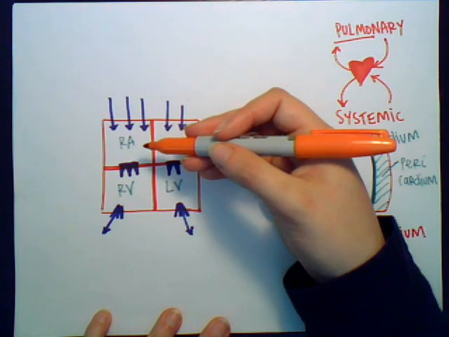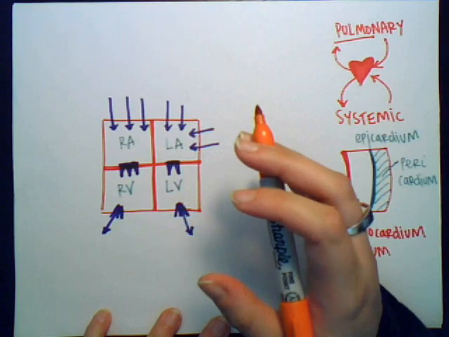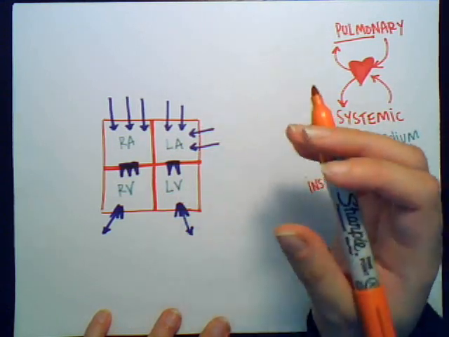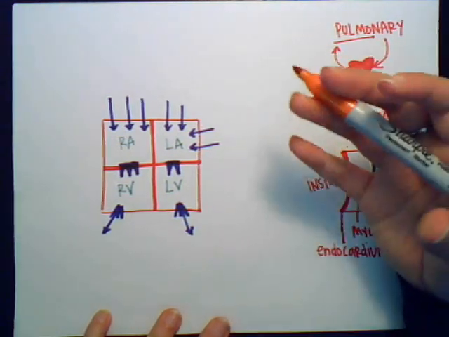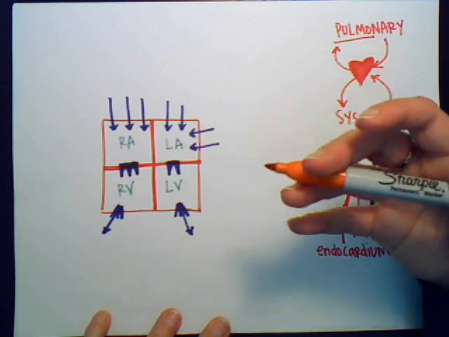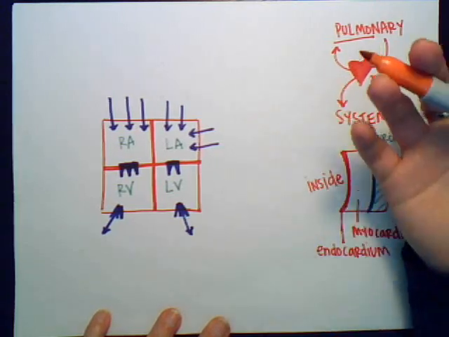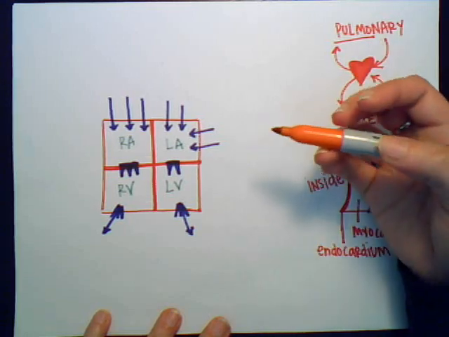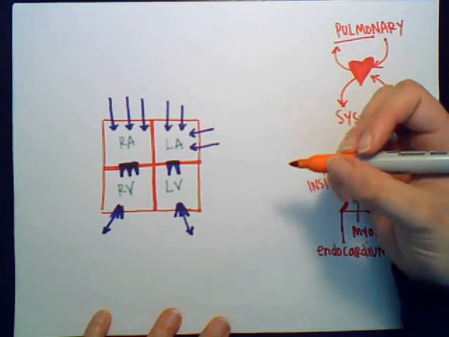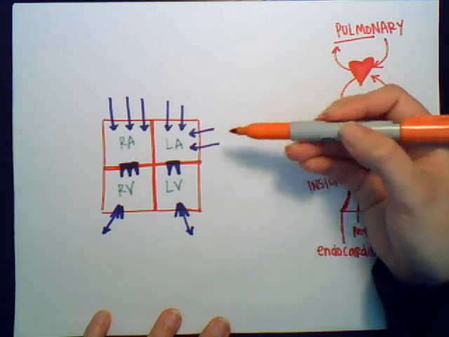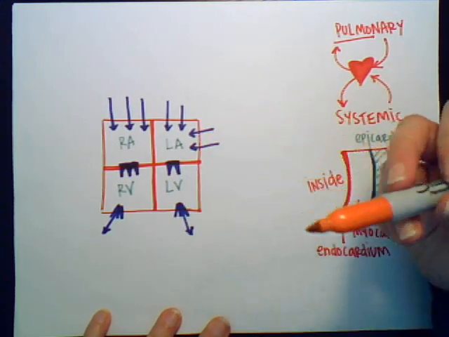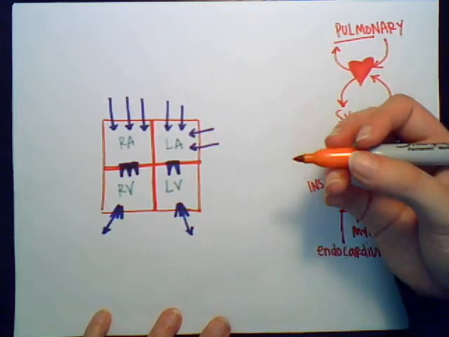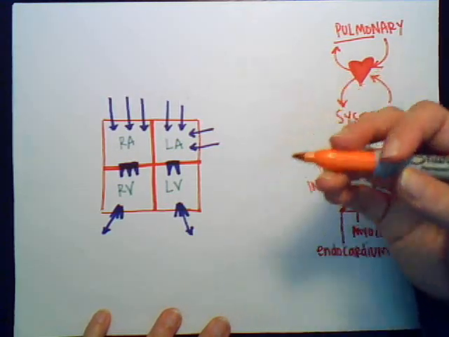Remember that some people mistakenly say, oh, arteries are red, therefore oxygenated, and veins are blue, therefore deoxygenated. Well, that's not always necessarily the case. Pulmonary veins come into the heart, so you might think, oh, pulmonary veins, deoxygenated, but that's not true.